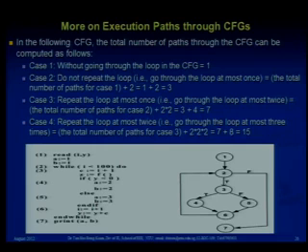Without going through the loop, we have already calculated in case 1 that there is one path. And going through the loop exactly one time, when you come here, there are 2 alternatives. So it's 2 paths. So in total, for this case, the total number of paths is 1 plus 2.